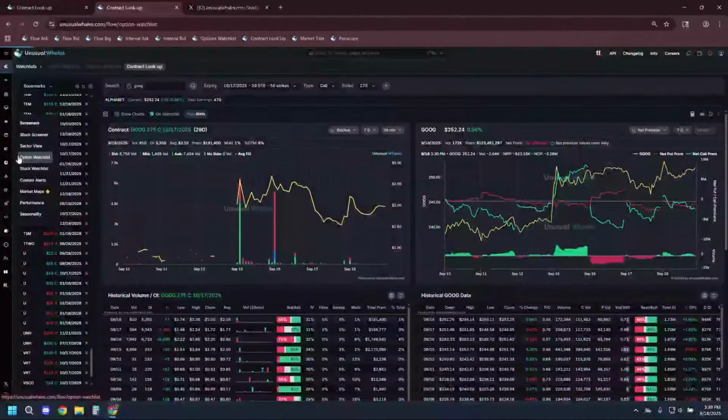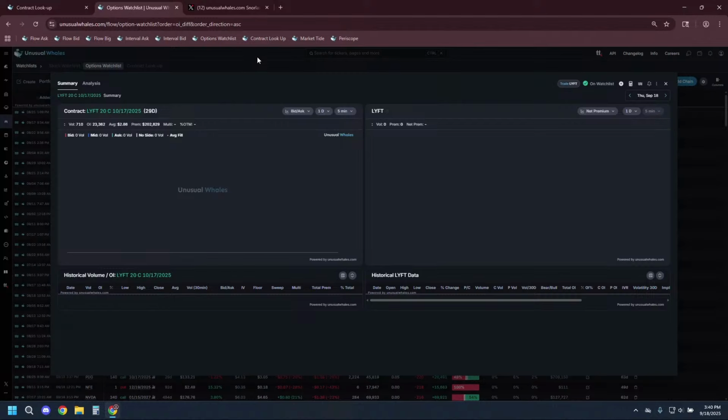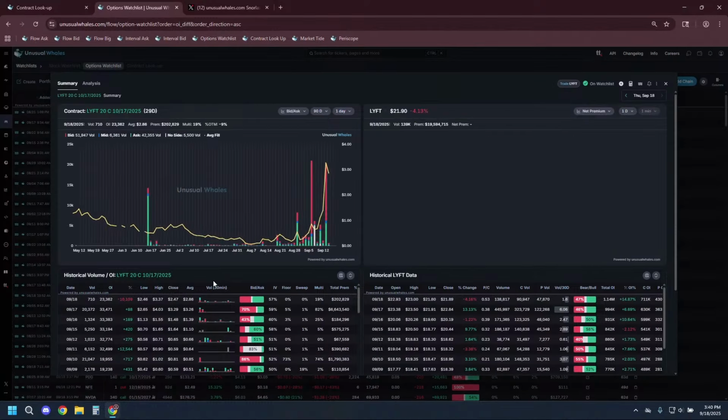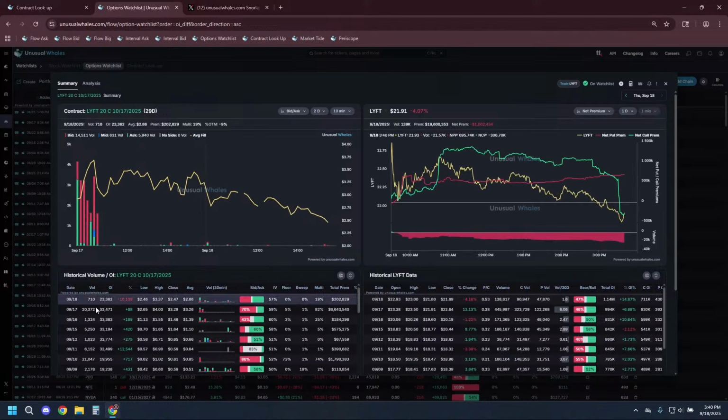There are other examples. If I just go to my options watch list and pull up decreases in open interest, we should see some. Lyft is a good one, I think. Someone way back in the day owned 20,000 contracts, give or take. They rolled these out to a different strike, but let's just take a look at the numbers. Lyft was trading at like $23 at the time, so these were already several dollars in the money.